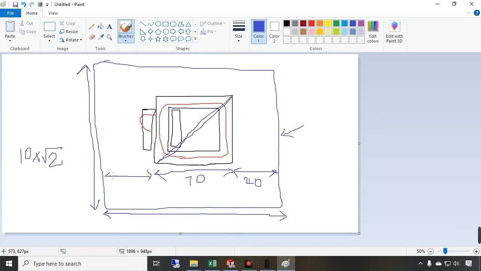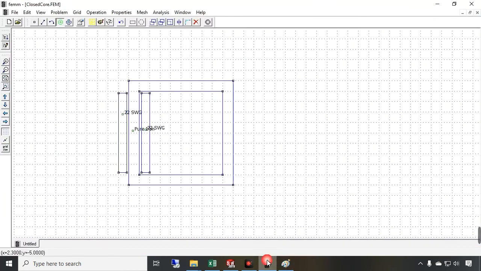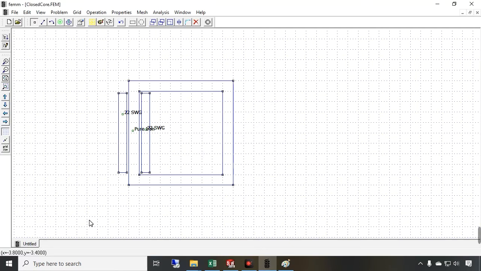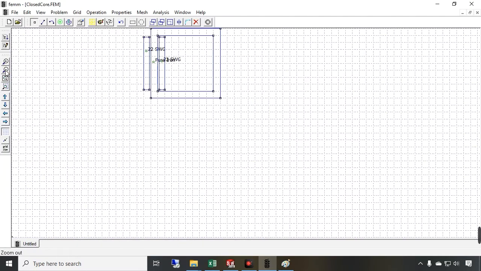And this equal to 20. So here I select the node, I press enter, I write here minus 20, minus 20. This point, right?